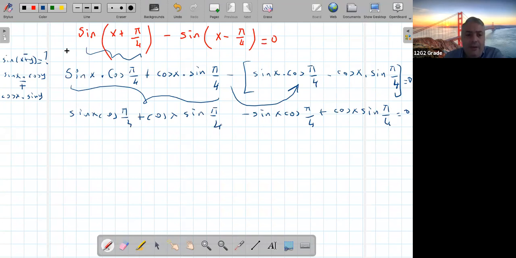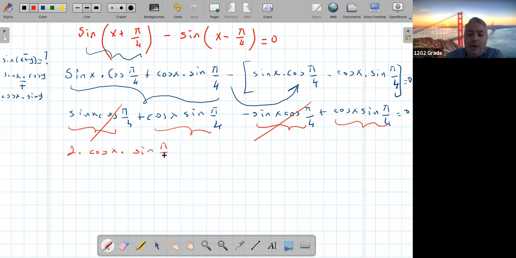Now, when I look at here, these two things are the same. I mean, this one and this one are the same. So I can cancel out when I add them. So cosine x sine pi over 4, this is also cosine x sine pi over 4. That means 2 times cosine of x sine pi over 4 is equal to 0.